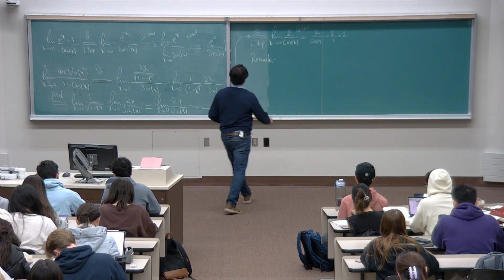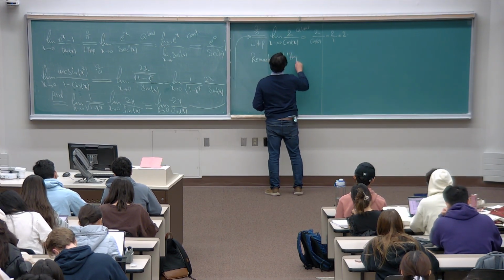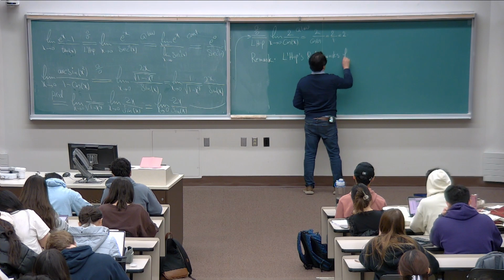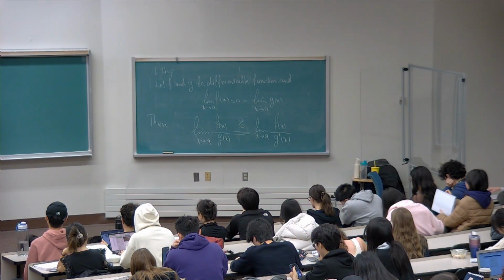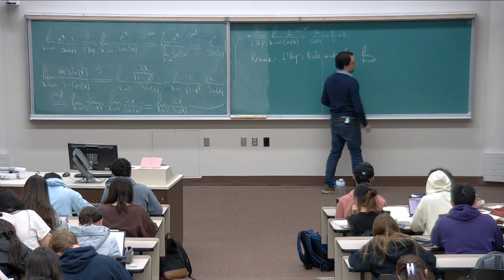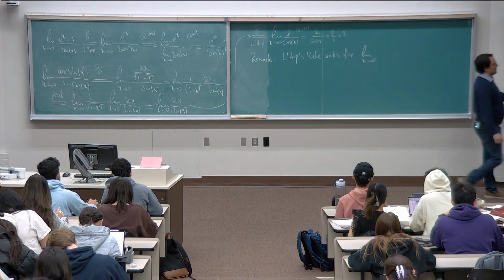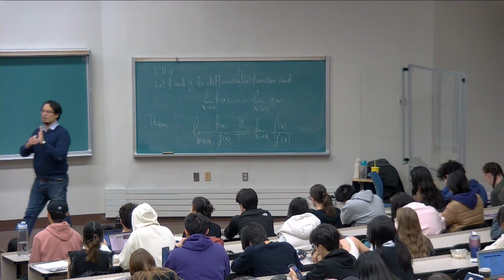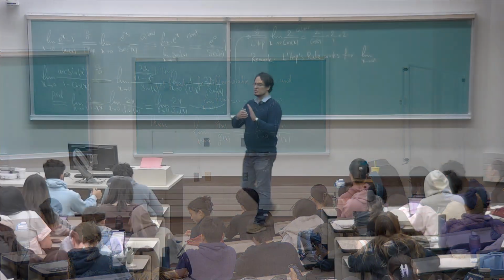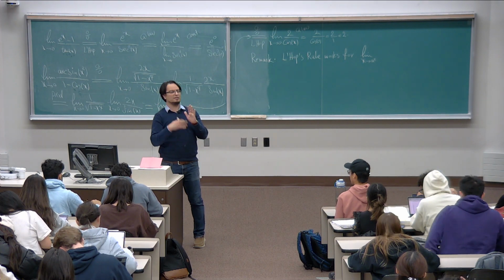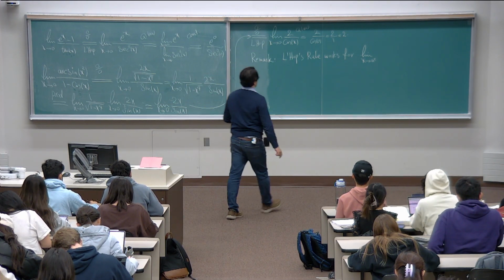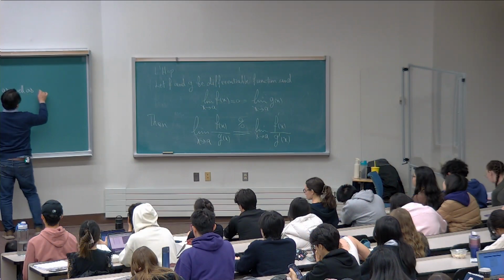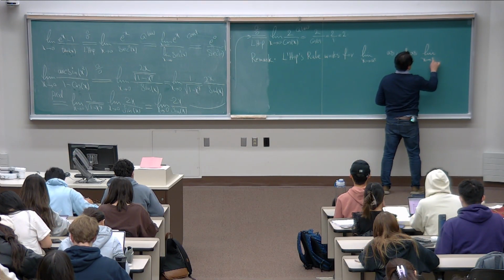So L'Hopital's rule works for limit as x goes to one-sided functions. And when it is one-sided function, your function is differentiable. There's no problem. But if your function is only defined on one side of that point, you just need to make sure that one-sided limit of derivative exists. That's what it means, as well as limit as x goes to plus or minus infinity.